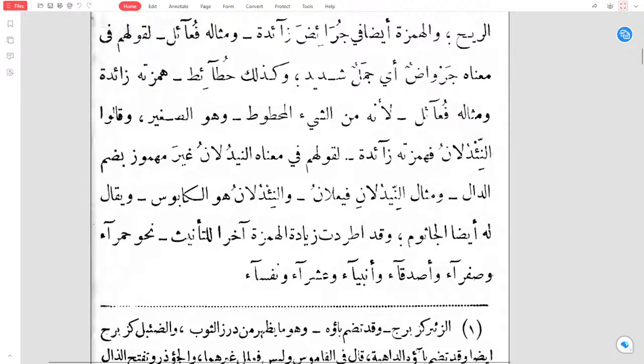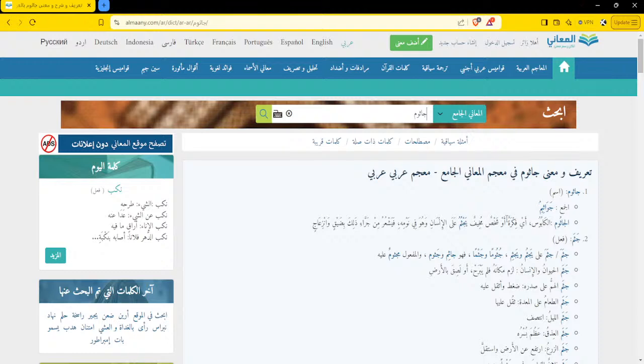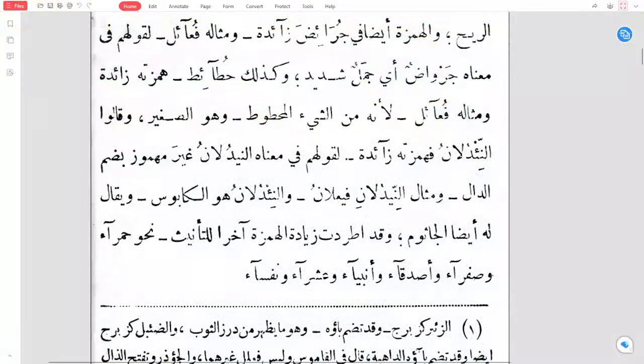So that's not there. الكابوس أي فكرة أو شخص مخيف يجثم على الإنسان وهو في نومه فيشعر من جراء ذلك بضيق وانزعاج. It is a nightmare. Allah give us all good dreams. آمين.